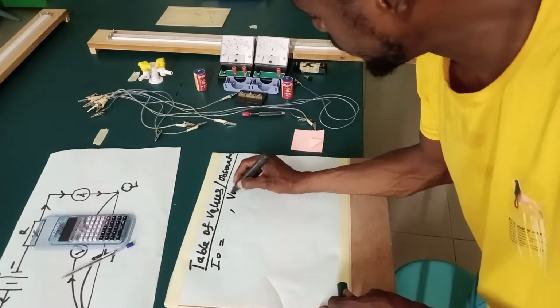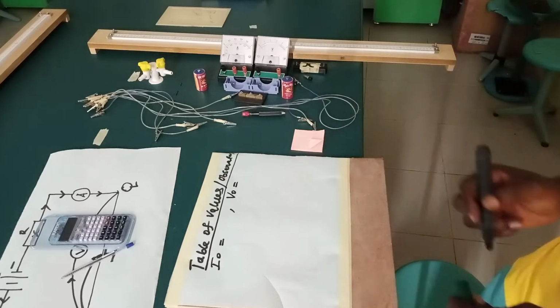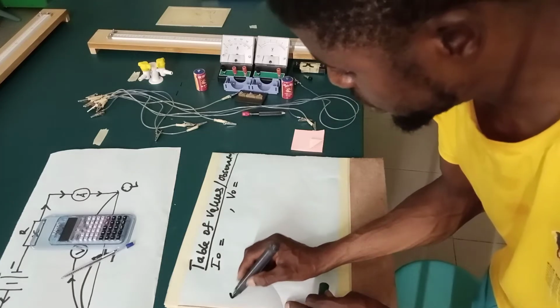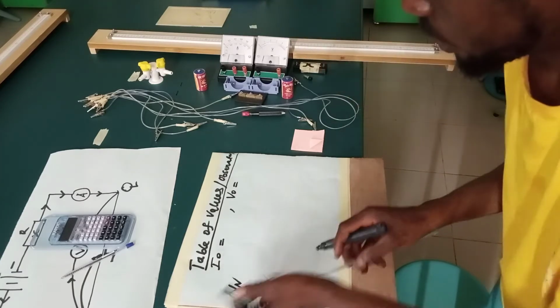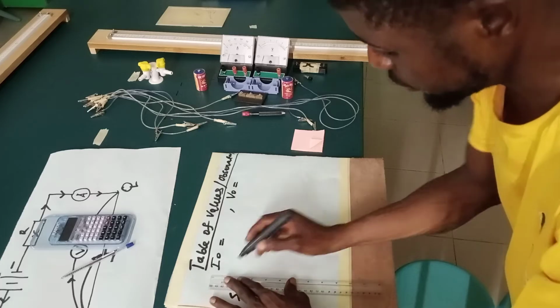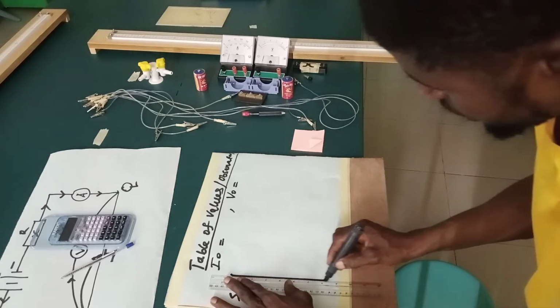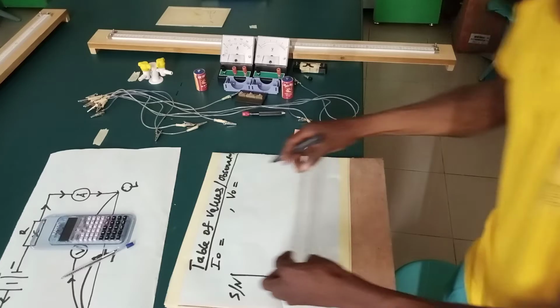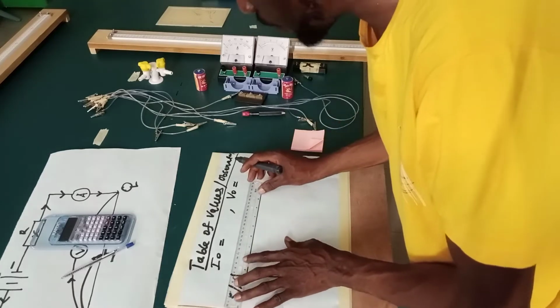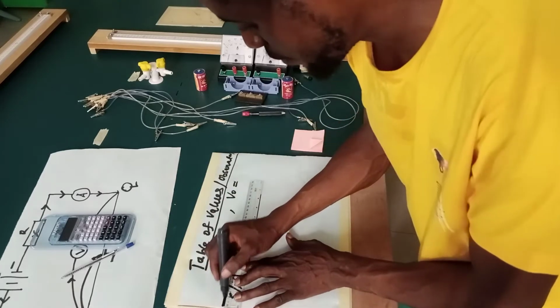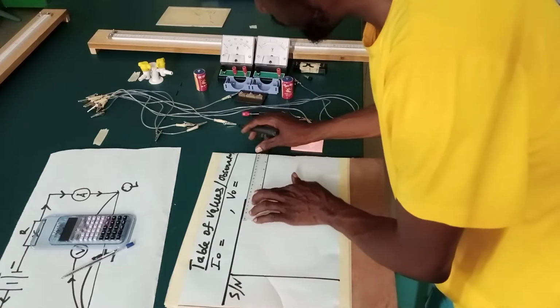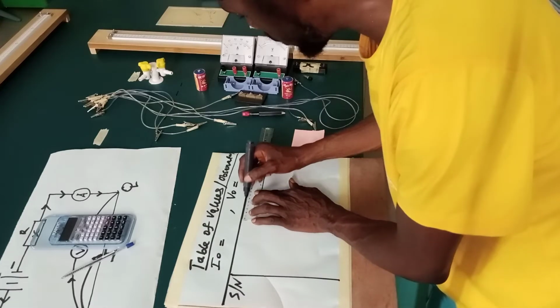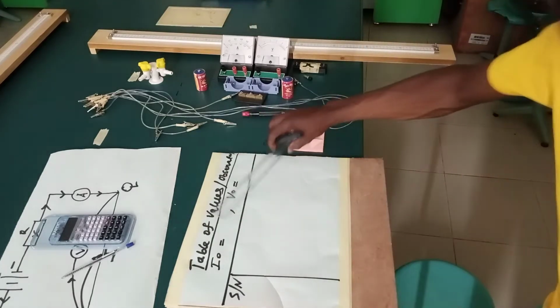We also have our V0, all on top of the table of values. Now, write serial number. Draw a straight line. Serial number simply means the number of times you are going to perform the experiment. Very, very important. As I told you before, your table of values carries the highest marks.